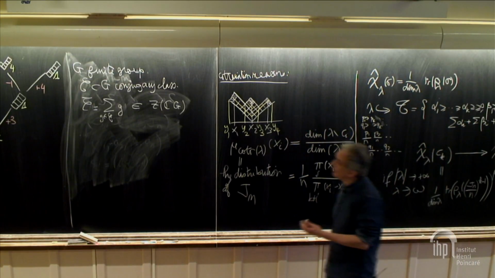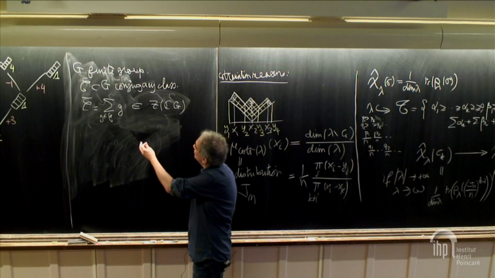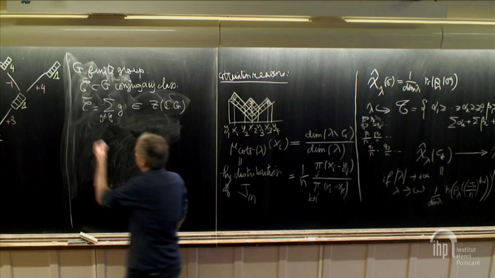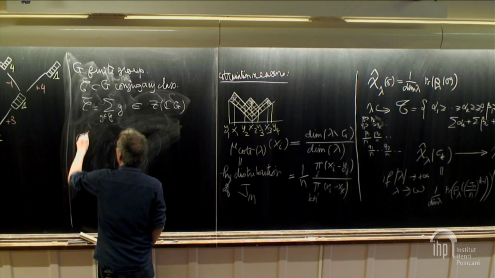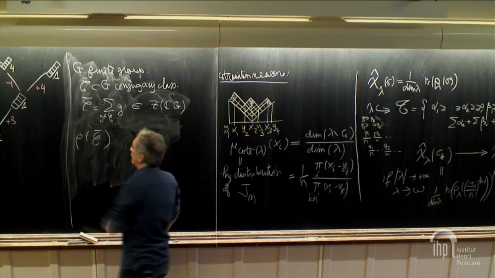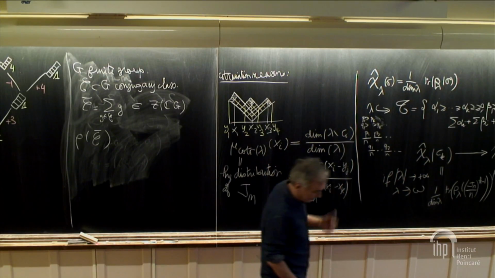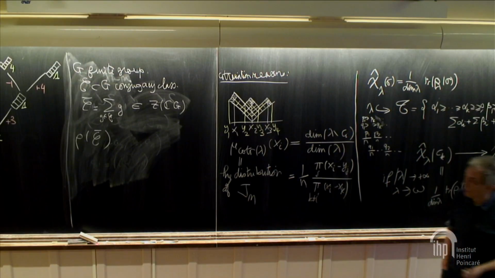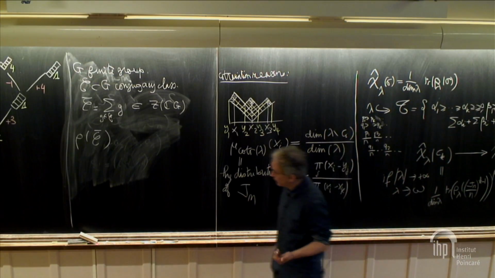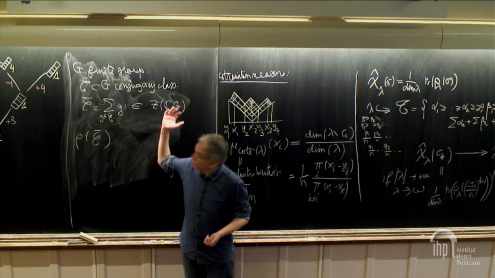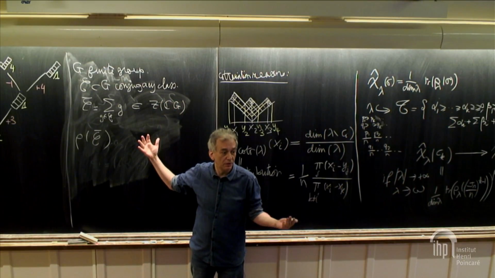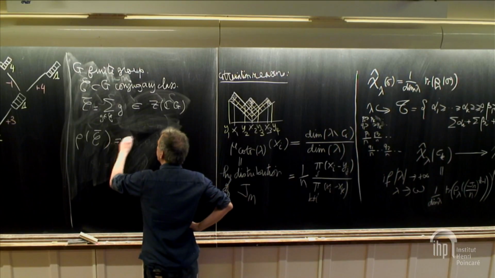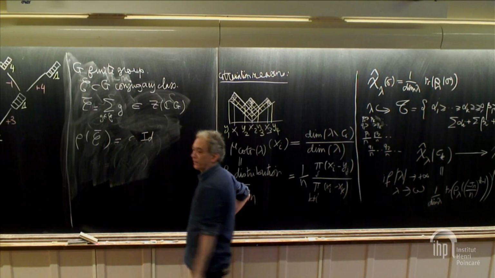So since it is in the center, it commutes with all elements, and so if I look at an irreducible representation rho of G, and I look at the image of this element C bar in the representation, it must commute with the image of the representation, which generates the whole algebra. So it must be equal to some constant times the identity, okay?